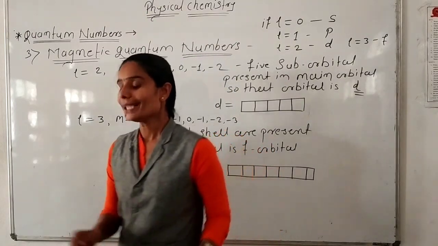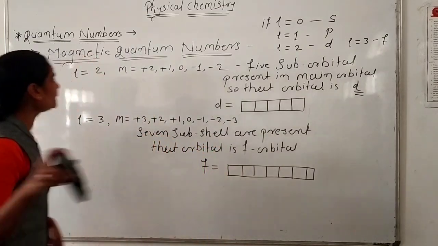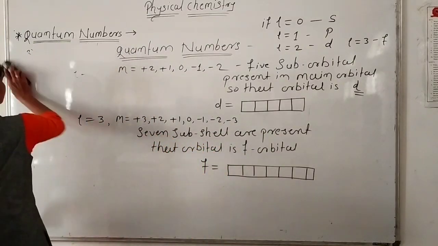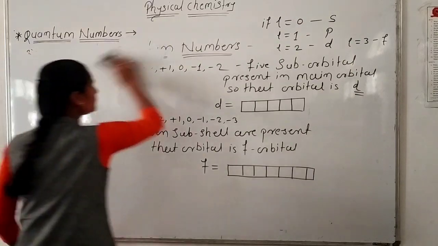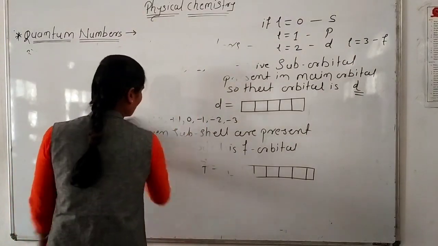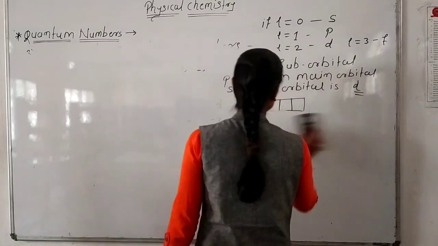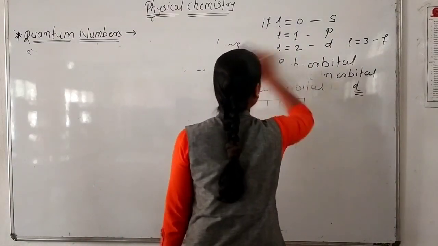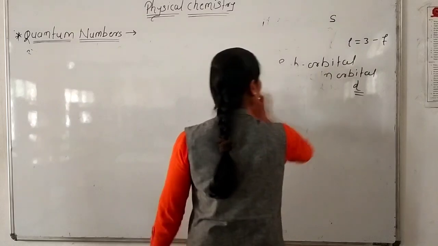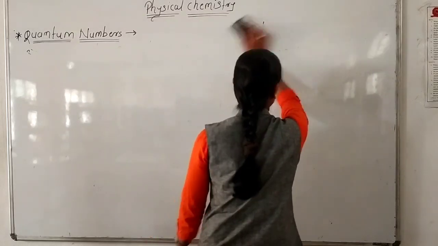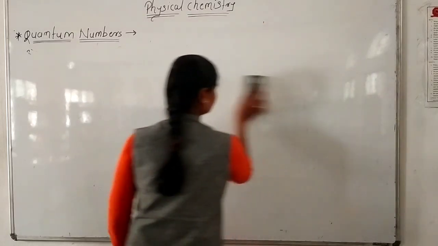Okay. Now the last, that is the spin quantum number. The last quantum number, the spin quantum number. Okay. Now we will see what information is given by the spin quantum number. That is the last quantum number.